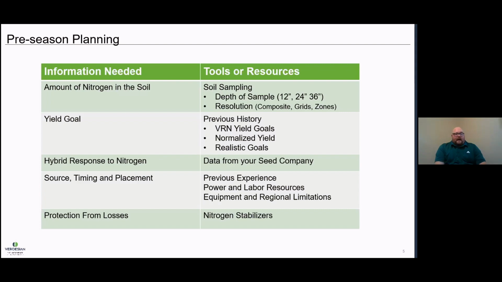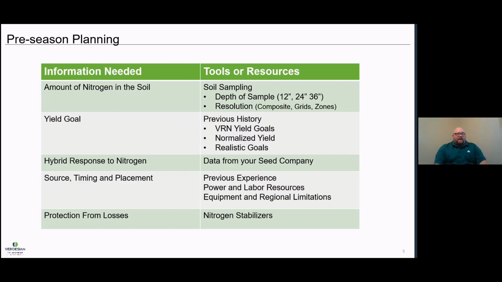In my mind, I want to manage this from a zone perspective, whether it be normalized yield zones or imagery created zones or soil based zones, however you want to look at that, and try to lump like spots in the field together and sample from those zones and get a better idea of what's going on out in the field and what's going on from a nitrogen standpoint.